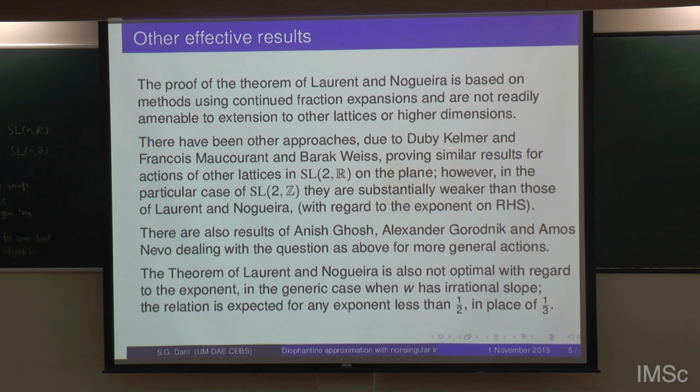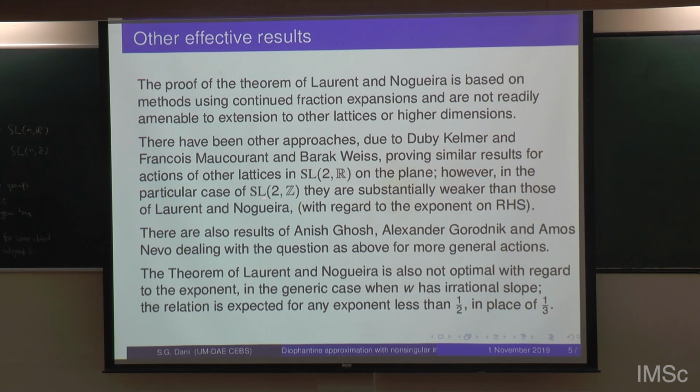There are some authors I have mentioned, Dubi Kleinbock, François Maucourant, and Barak Weiss, providing similar results, and their results are not for SL2Z, but in SL2R take other lattices. It's possible to have other lattices, in particular lattices for which the quotient is compact, etc. There is a whole variety of discrete subgroups for which the quotient can have finite invariant measure. And they study the question in that context.